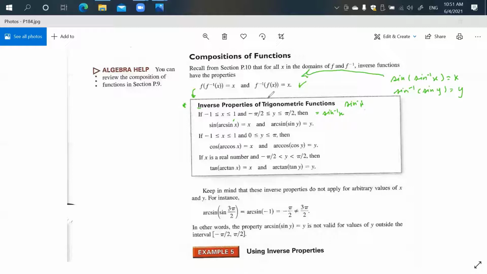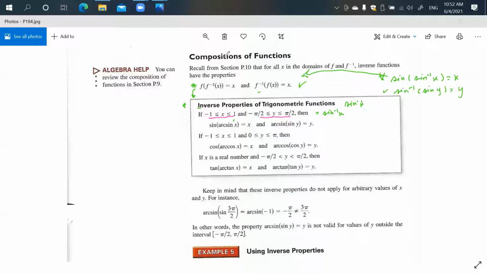So in this case, this one means this one, and this one means this one, correct? You can apply that as long as the condition holds. Don't forget, the domain and range must always stay within this condition.